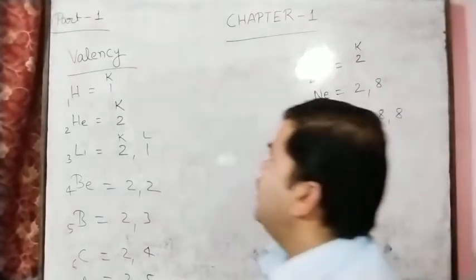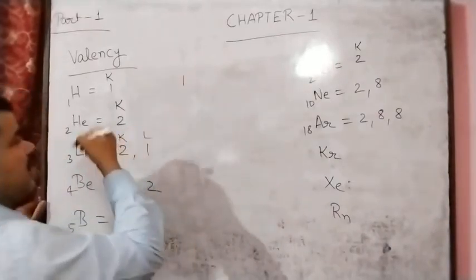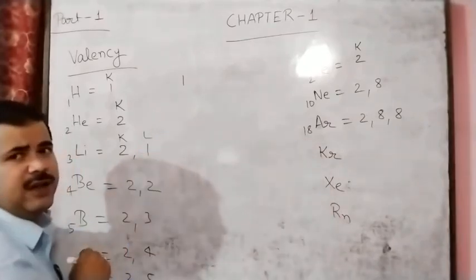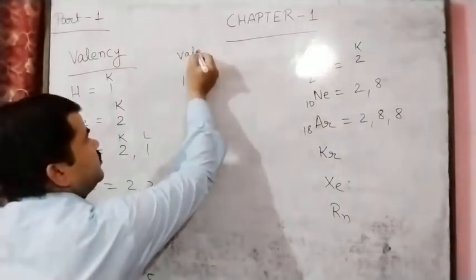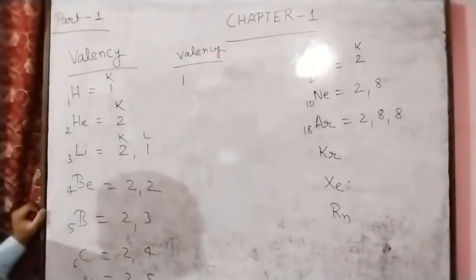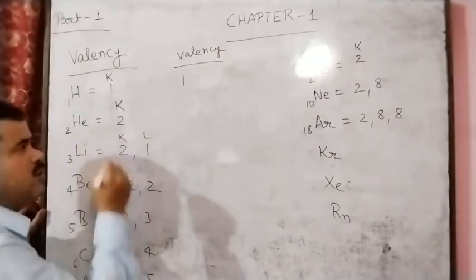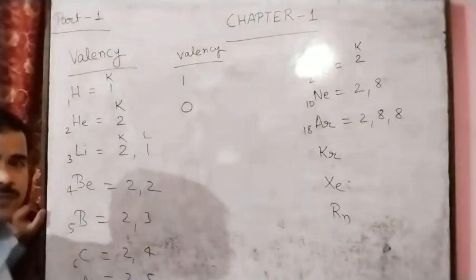So by gaining 1 electron, hydrogen acquires stability, just like helium. In this way, the valency of hydrogen is 1. In the same manner, helium, the noble gas element, has valency 0. No need for an electron.